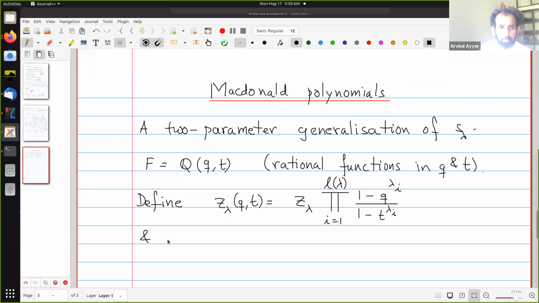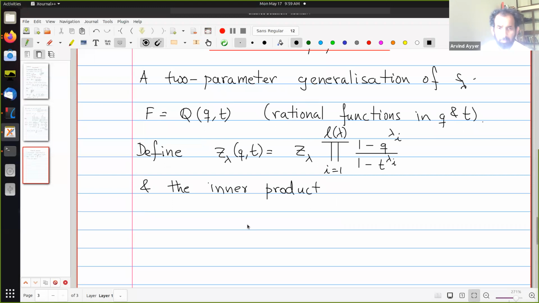And the inner product, the Macdonald inner product, if you like, where you posit that the inner product of p lambda and p mu, with parameters q and t, is delta lambda mu z lambda of q,t.